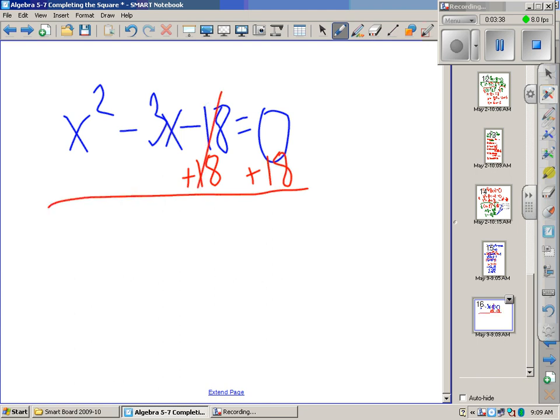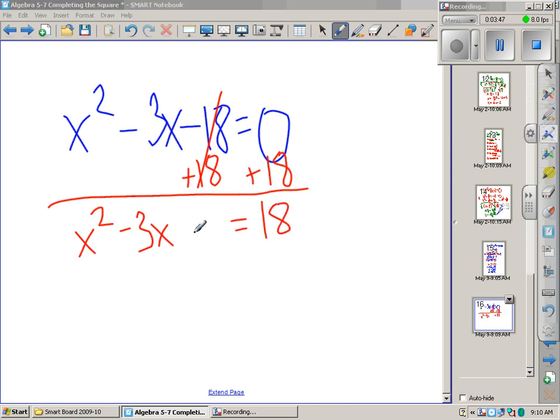We keep that hole there. We take negative 3, divide it by 2, square it, and add it to both sides.